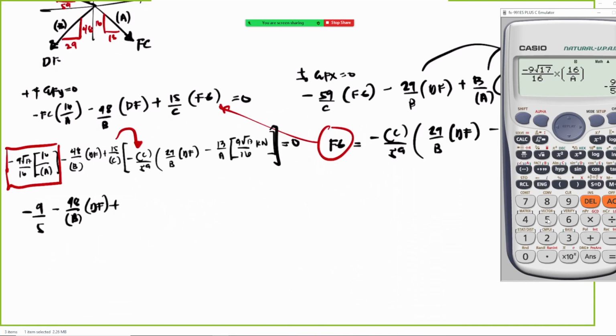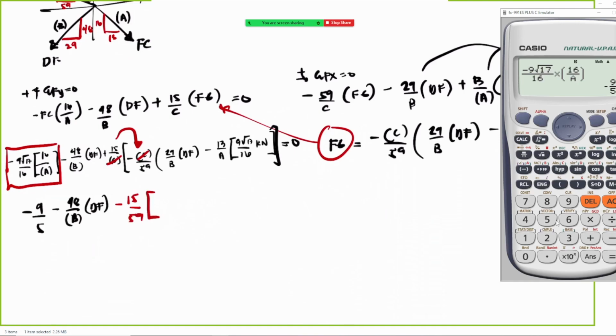Pwede natin pagsamahin. So that is what? Maka-cancel yung C. Okay? And then magiging negative. So that is negative 15 over 59.